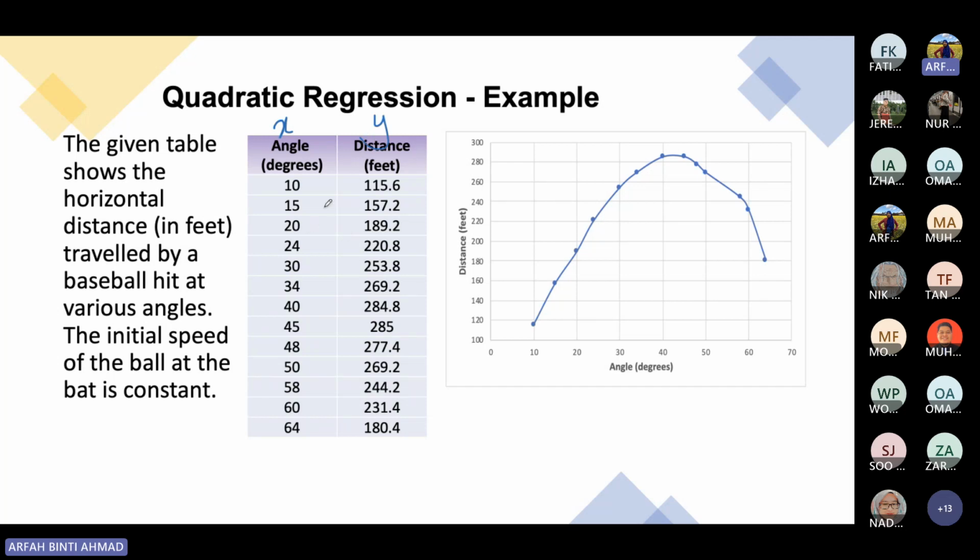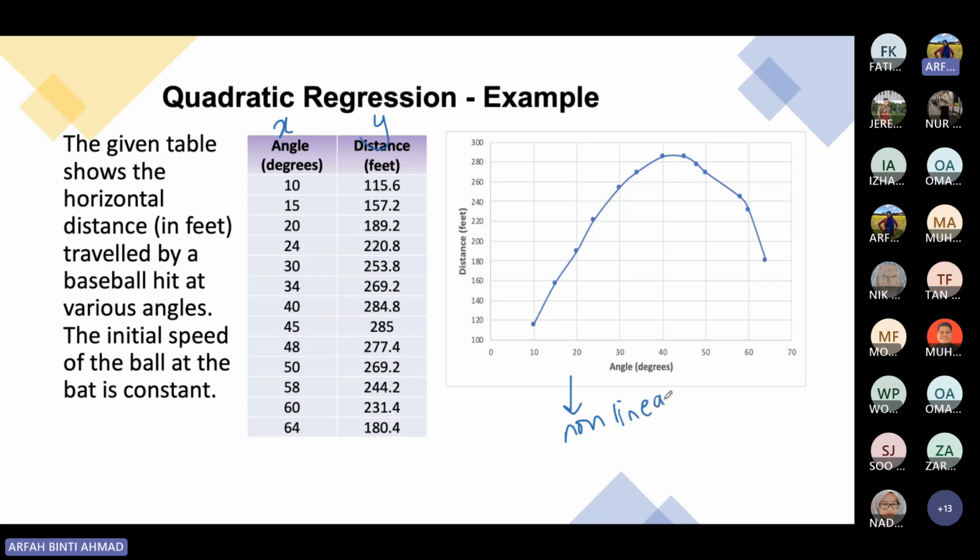So you want to check whether or not there exists a relationship between the angle and also the distance. So we do the plot by using Microsoft Excel. For example, you do the scatter plot and you can see there is a curvature in here, meaning that there exists a non-linear relationship of angle and also distance.